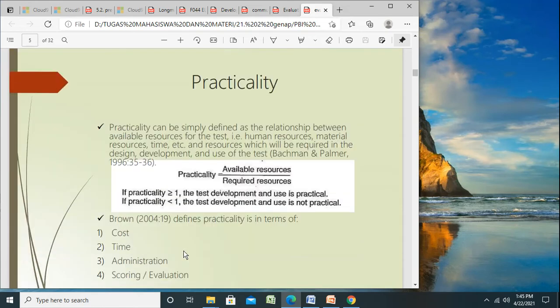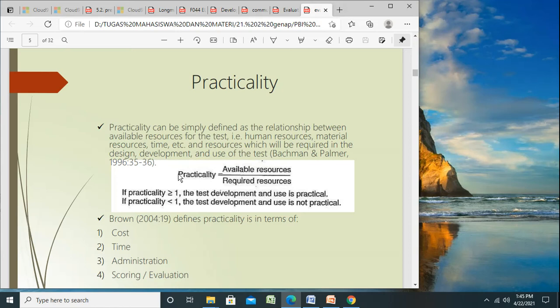Practicality can be simply defined as the relationship between available resources for the test, for example, human resources, material resources, time, and so on, and the resources which will be required in the design, development, and use of the test.